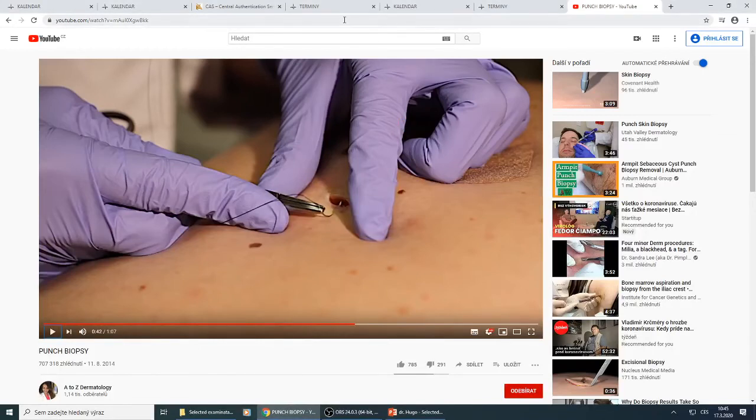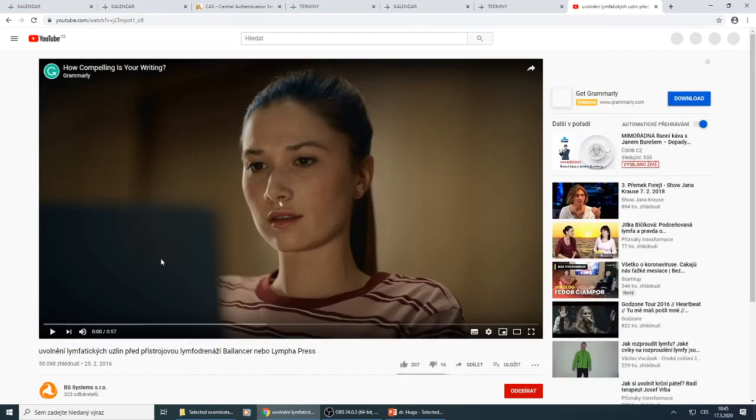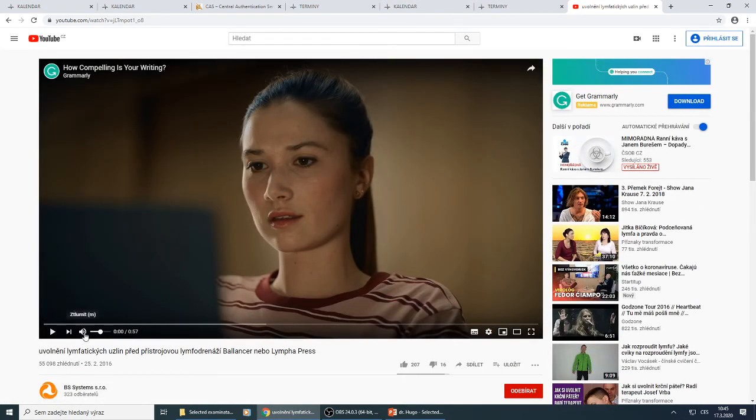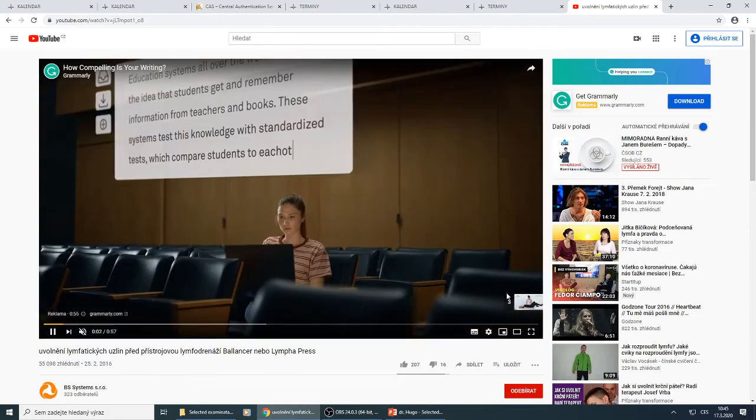So we will start with manual lymphatic drainage. The manual lymphatic drainage prepares the lymphatic system for the mechanical.